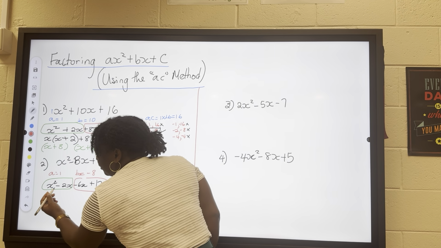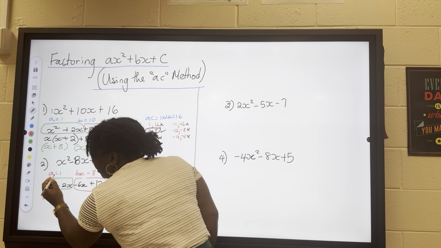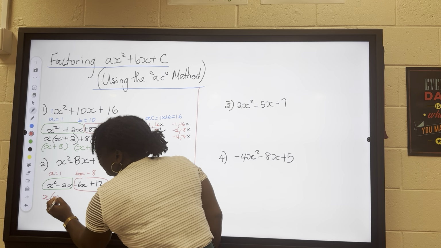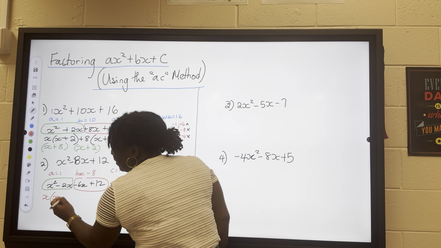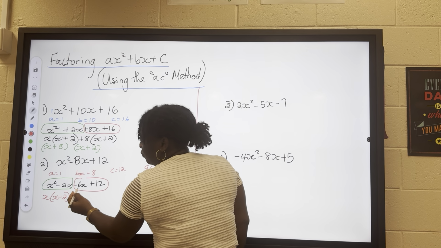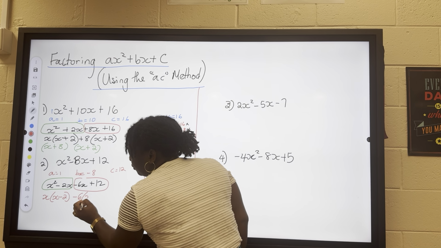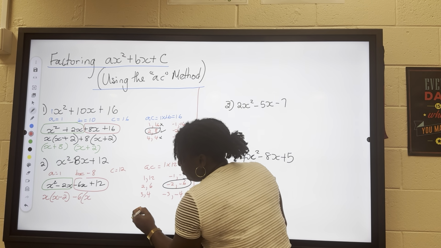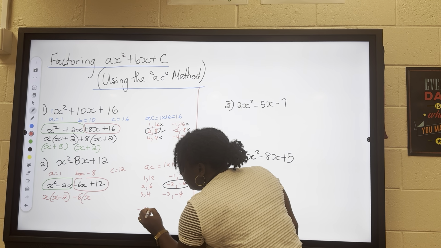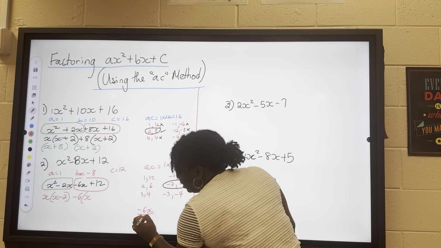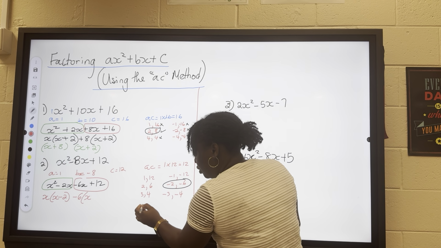Give me a factor for this, so that's x. I'm left with x. Here, 2x divided by x, that's 2. And right here, I'm going to factor out -6. So that's going to give me x. Let me put it right here just in case somebody does not remember what to do there. Those 2 are cancelled.